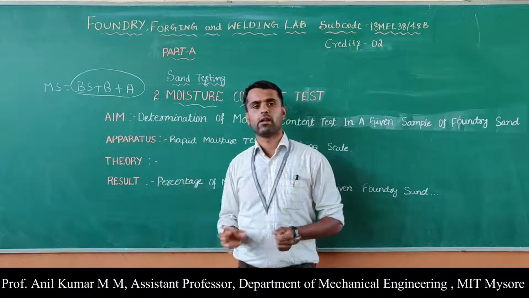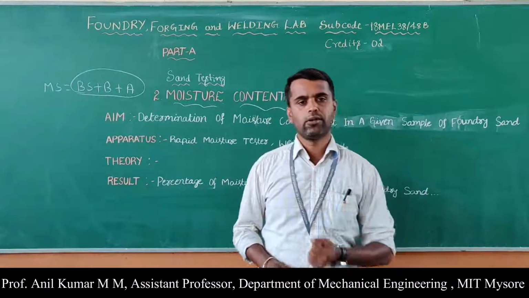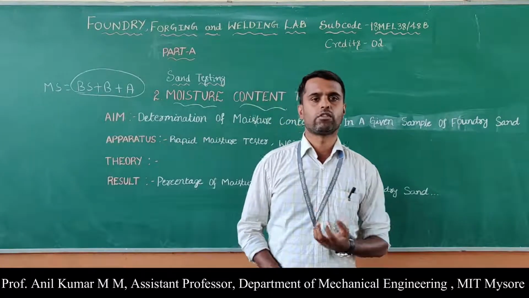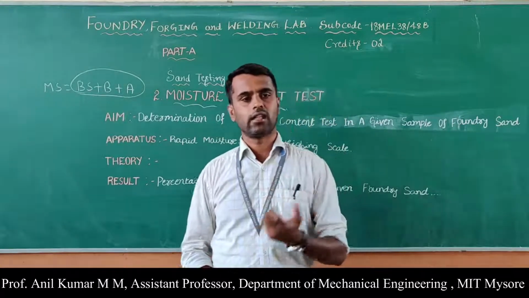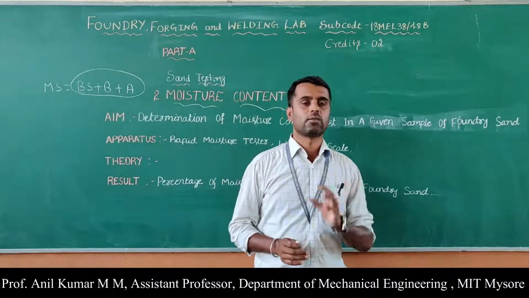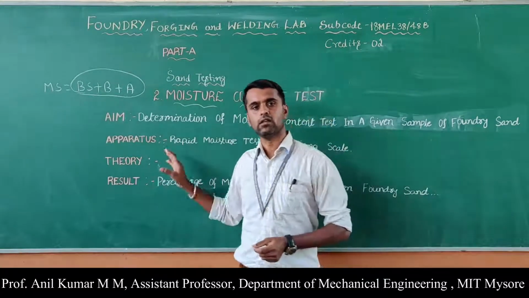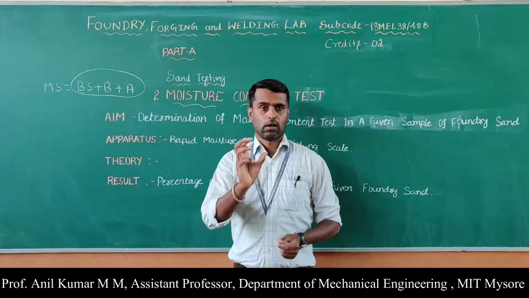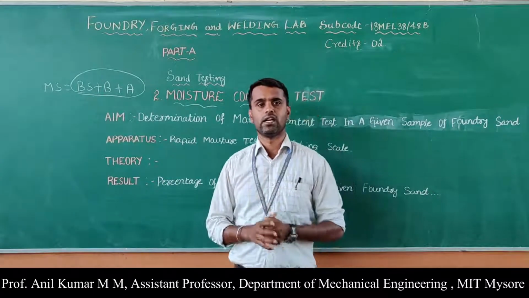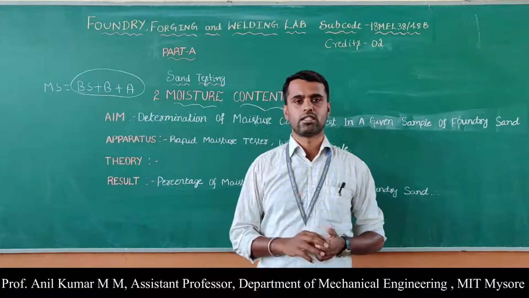Coming to the experiment, first we have to take the required amount of wet sand in a container, and then add the calcium carbide into that container. Then close the lid and shake for 20 to 30 seconds.